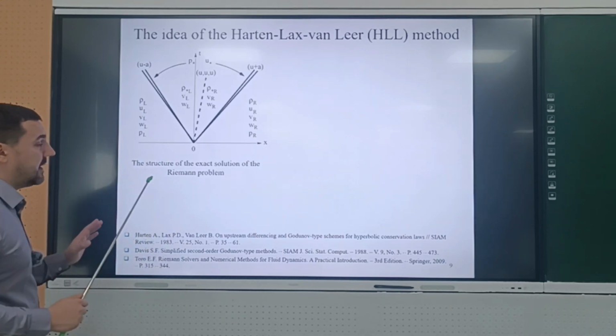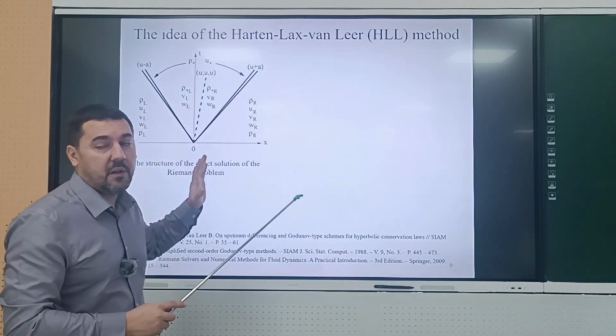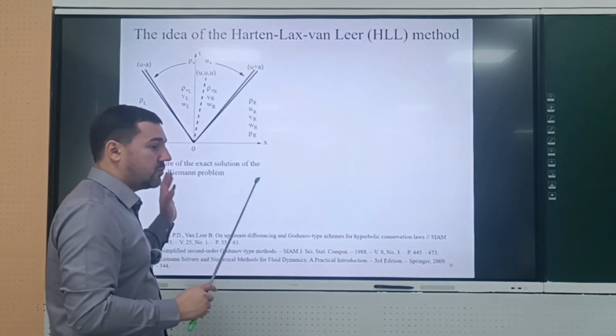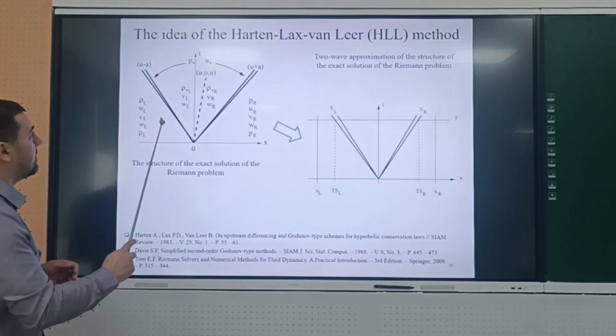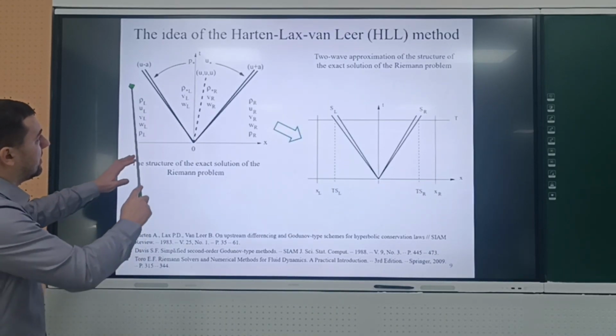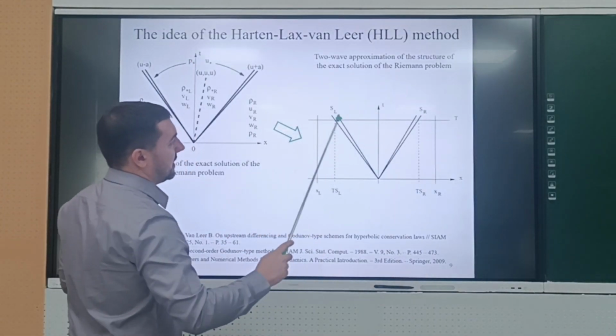And I believe I explained to you how to find all these states. It's possible. We know how to do that, but it's difficult. Suppose that we do not want to do that. The idea is as follows. Let's just forget about this contact surface, and let's substitute these two states with some average states.